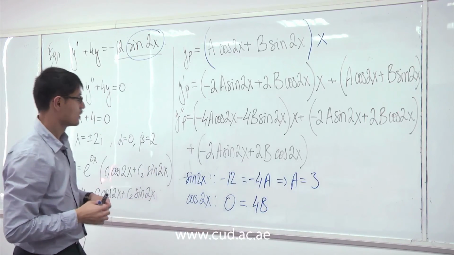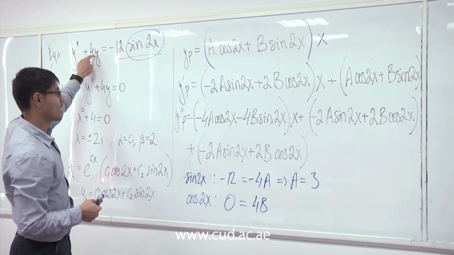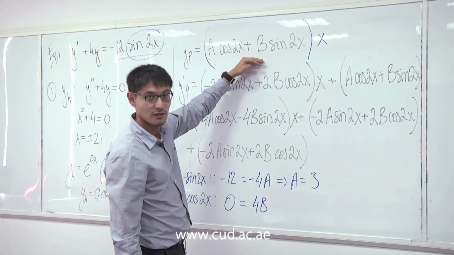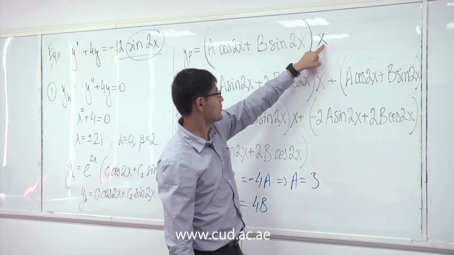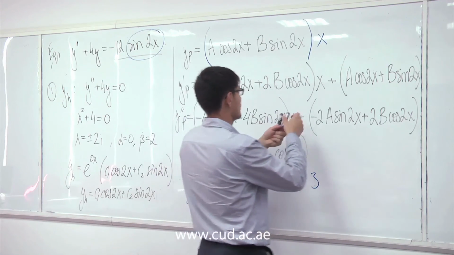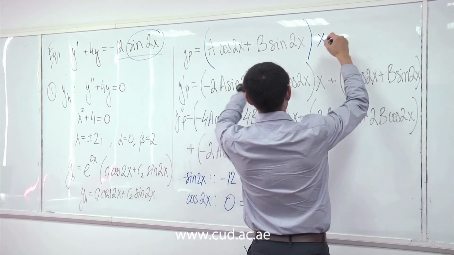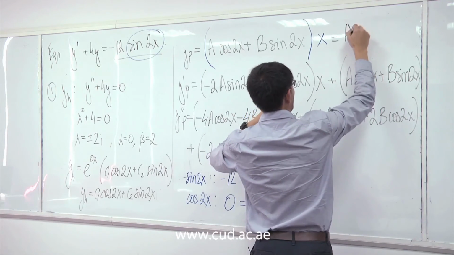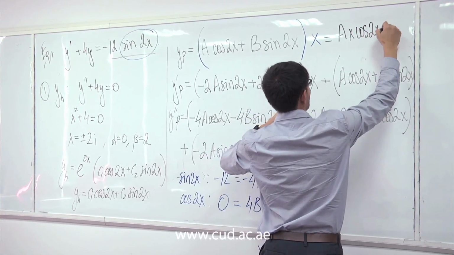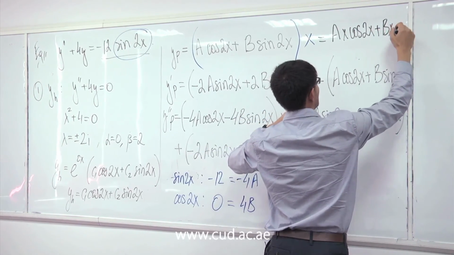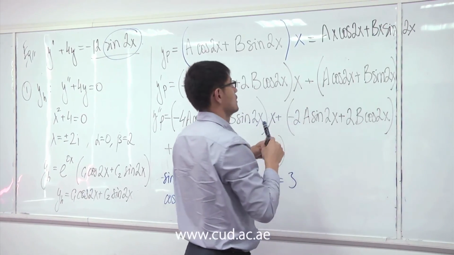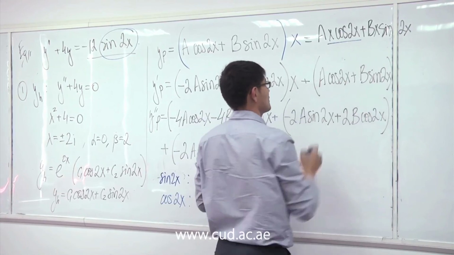Now I also have to look at 4y. But if I look at y, there is no cos 2x. This cos 2x gets multiplied by x. If I multiply by x, I get ax cos 2x plus bx sine 2x. So this coefficient is not cos 2x.